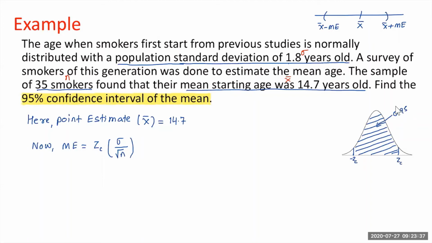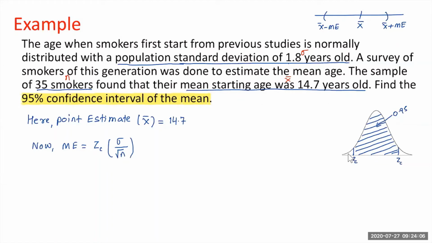I know that this area is 95%. So out of 100%, 95% is here. On the tails, the remaining 5% is divided into two parts, 2.5% and 2.5%.